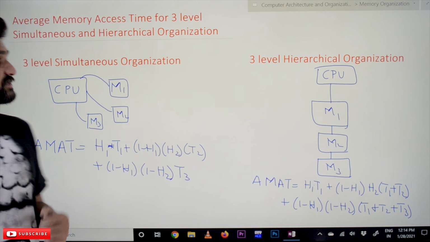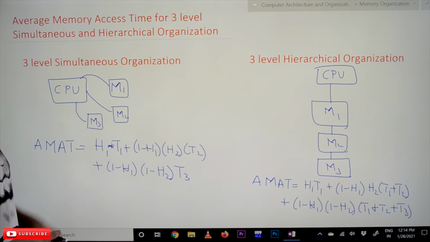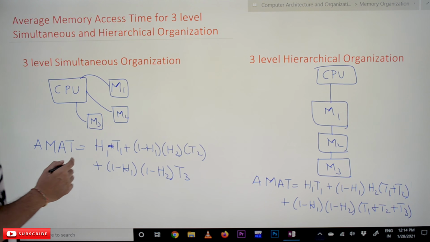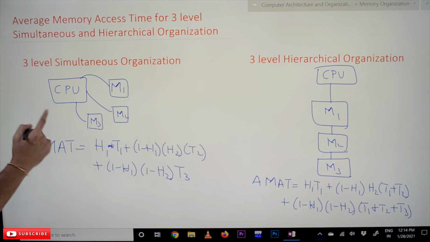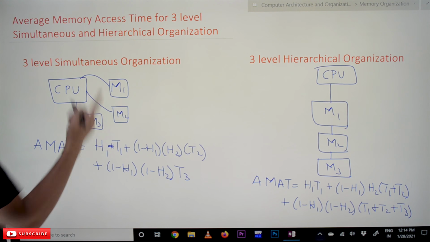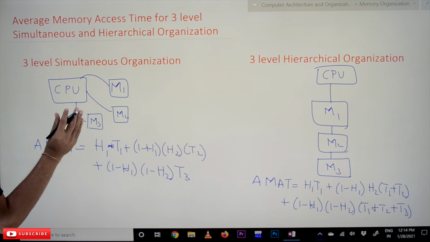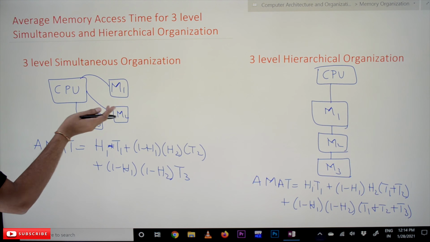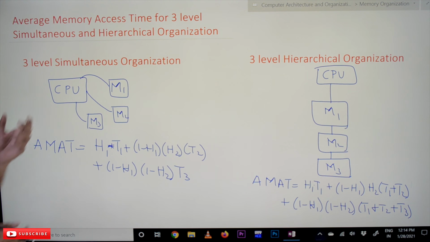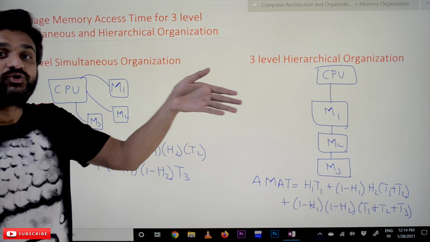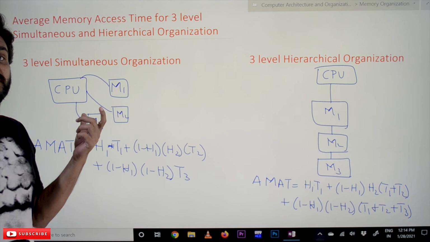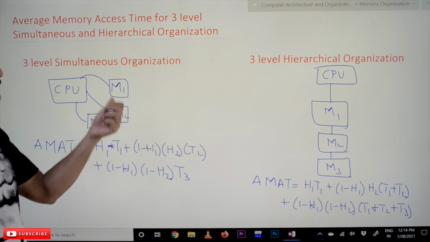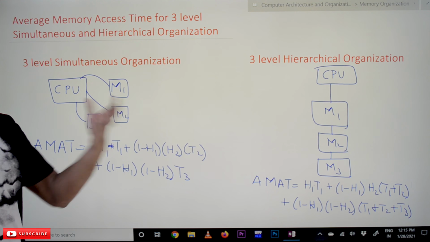Now coming to this class, we'll try to understand 3-level simultaneous and hierarchical memory organization. As we have already discussed, simultaneous organization means whenever the CPU requests a memory address, it will request all the three memory levels. 2-level memory means we are going to have 2 memory components. In the 3-level organization, we are going to have 3 memory components.